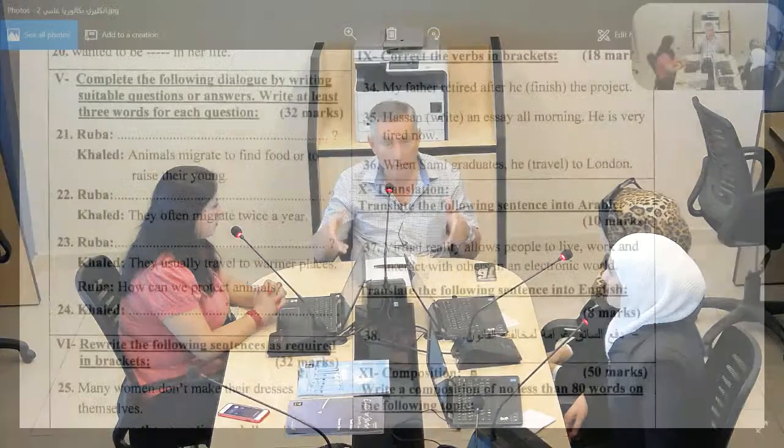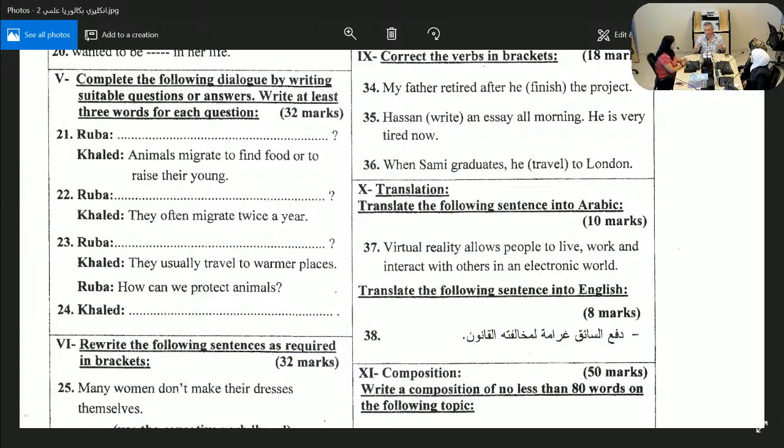For the translation, I want to say to the students that the translation part is usually scientific or literary, considered in two parts or three parts according to the length of the sentence. So write what you know, even if it's not a full sentence, because you are going to take marks for what you write. Since it's translation, it's meaning. So write the meanings you know, vocabulary, even if the student is weak and cannot write a very precise grammatical sentence.